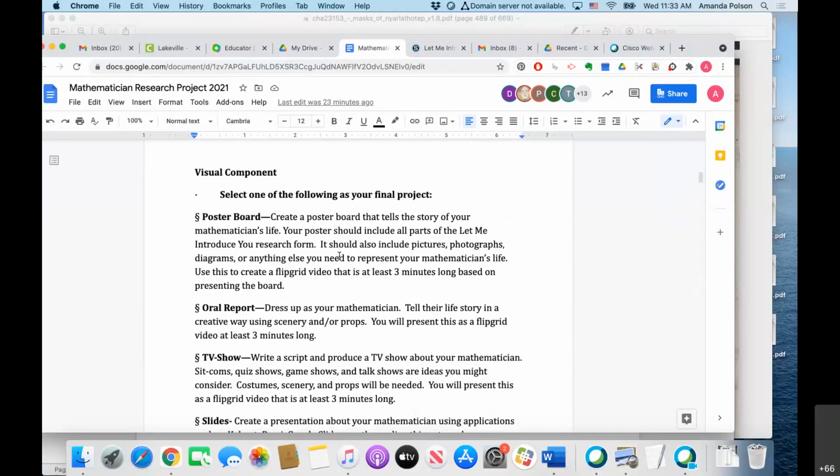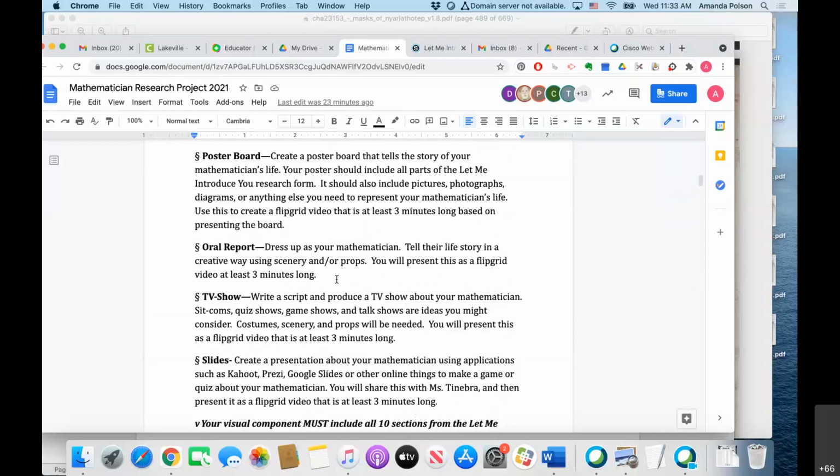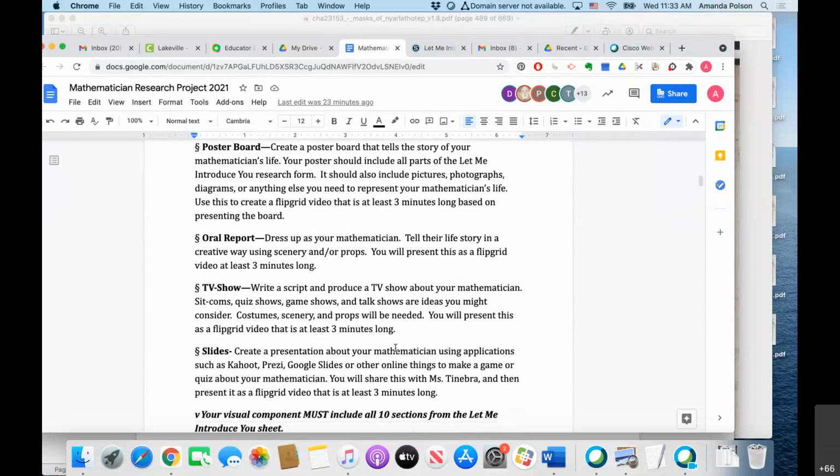So you're going to make a poster. You can use any supplies at your house, including pictures or photographs or diagrams, and you can make a whole poster that you would use to give your presentation. You can do your oral report. You can dress up as your mathematician and tell their life story in a creative way, like making a little play, pretending you're the mathematician. You can make a TV show and do a quiz show or a game show, anything that you want to do like that.